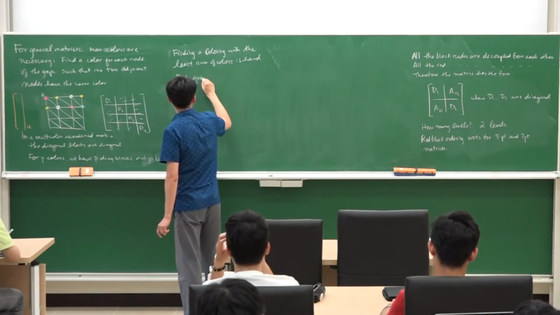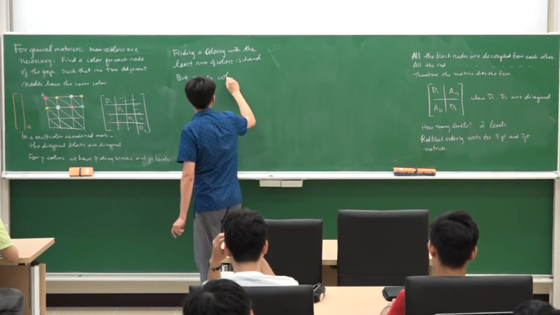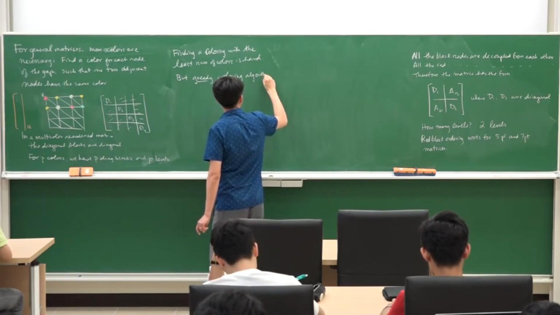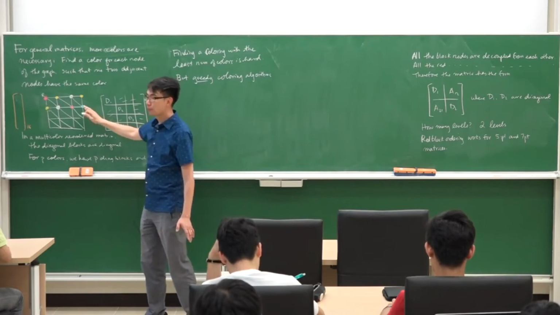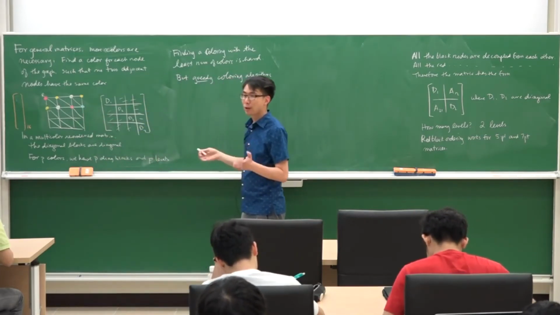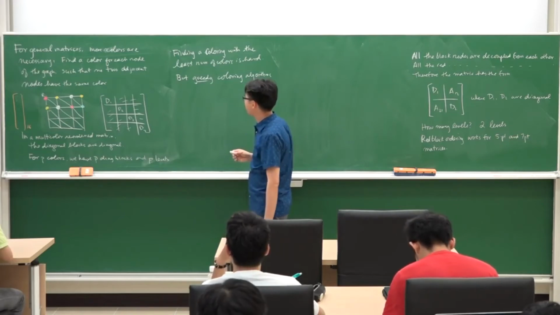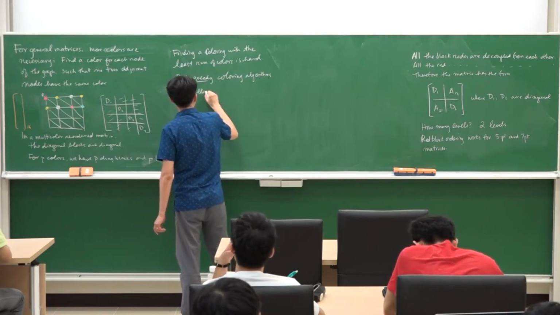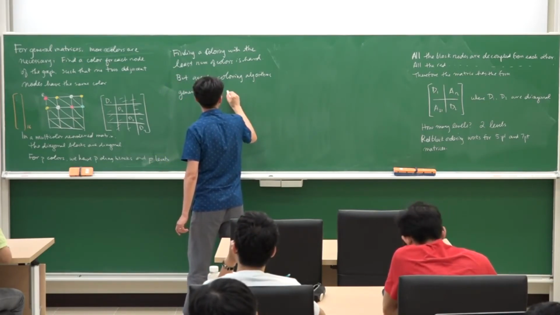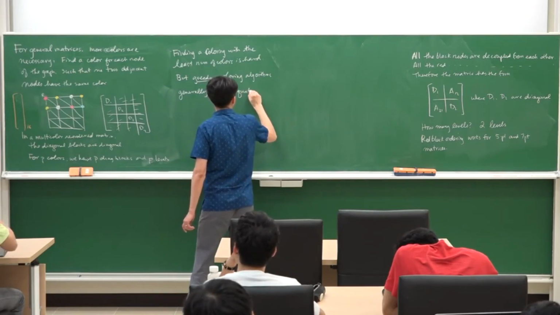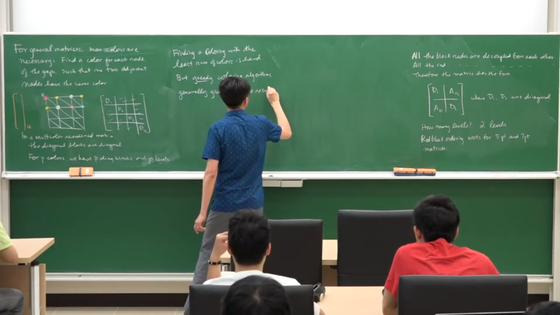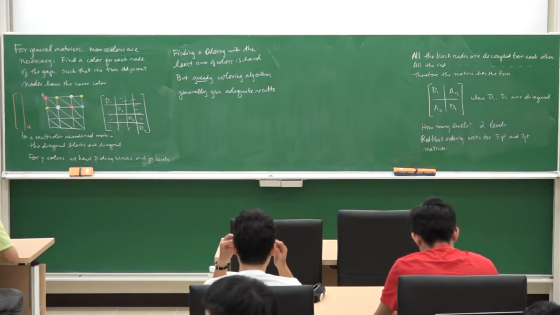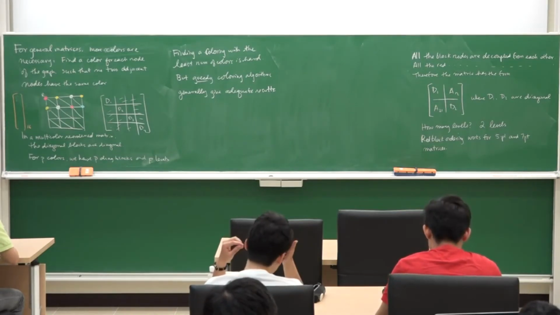But greedy coloring algorithms, we're just only using local information and coloring based on trying to minimize the number of colors in a greedy fashion. But greedy coloring algorithms generally give adequate results. Okay. So I've also posted a MATLAB program to do coloring. So let me demonstrate that now.